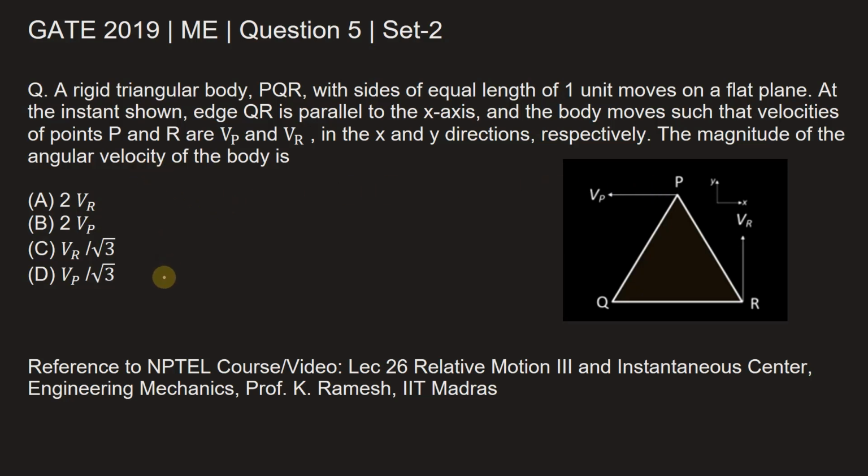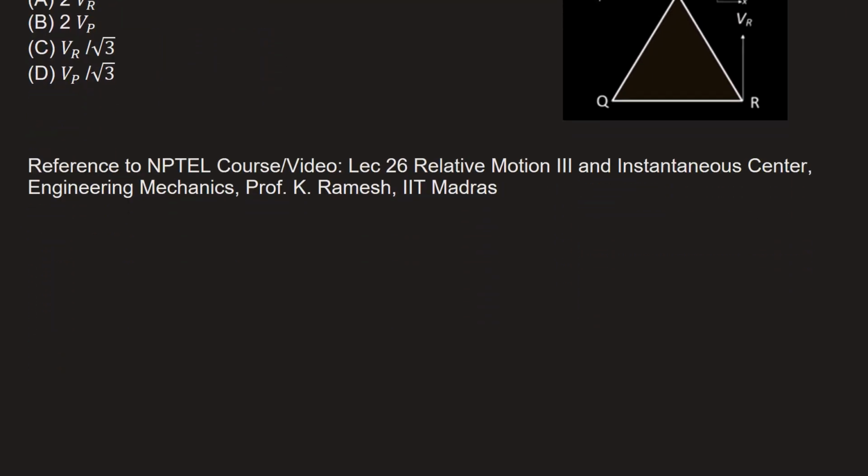So among these four options, we need to find what will be the angular velocity of the body at this instant. Now in order to find the angular velocity, which will be the combined effect of Vp and Vr, we will have to first understand the instantaneous center, because the angular velocity omega of this triangular body will be the magnitude of velocity at point P divided by the distance of P from the instantaneous center.